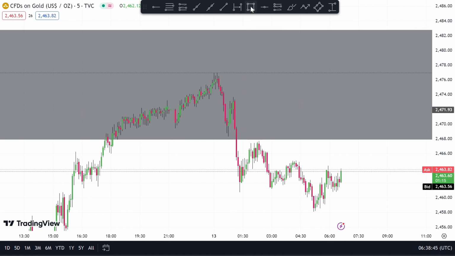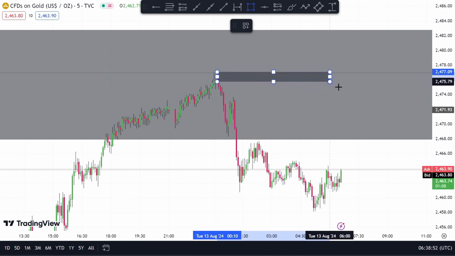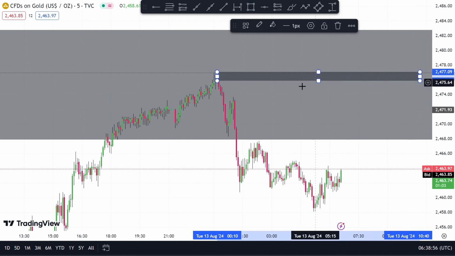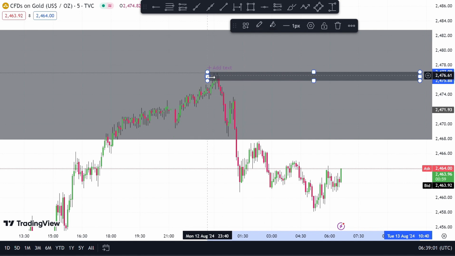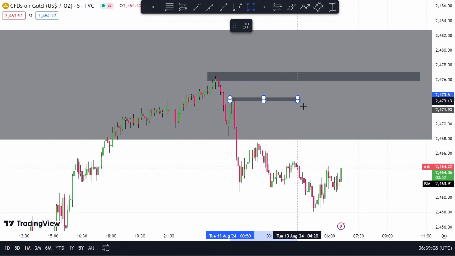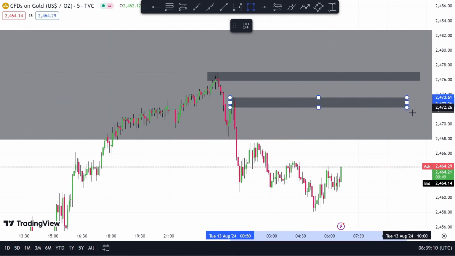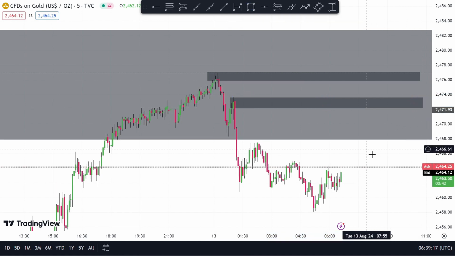Now let's spot it out, because price will come back to retest either one of these supply zones before heading back downwards. And also here we have a supply zone. Don't know if you are understanding something from this video. We have a supply zone here also.